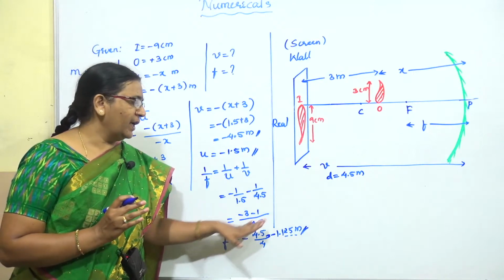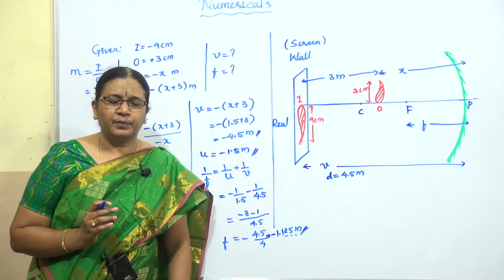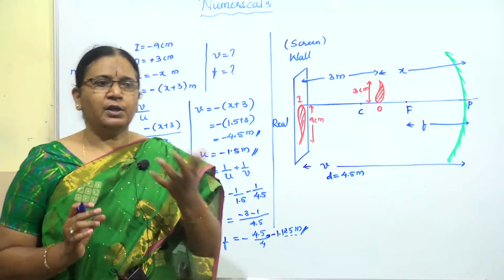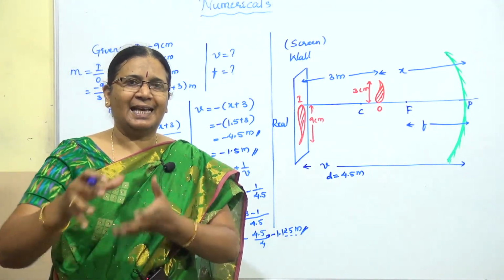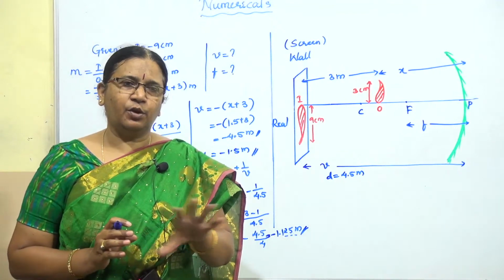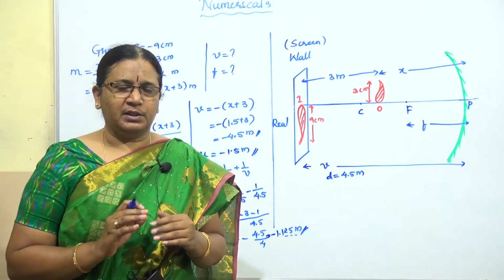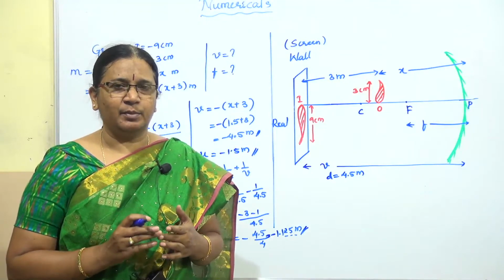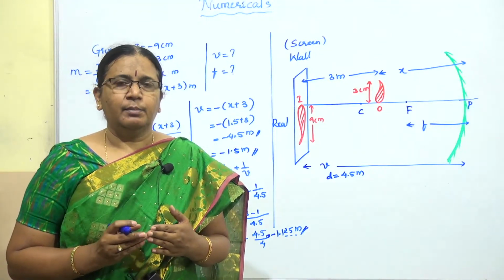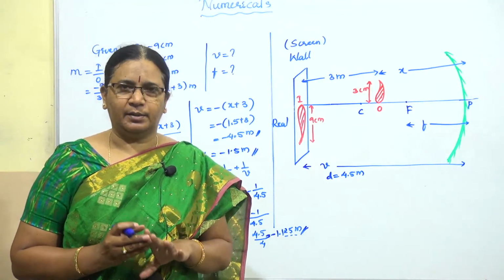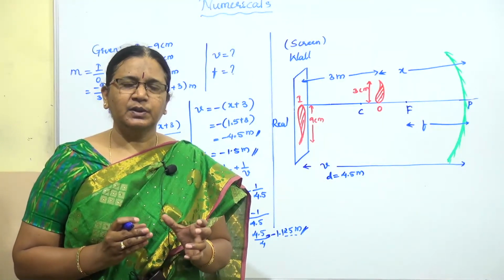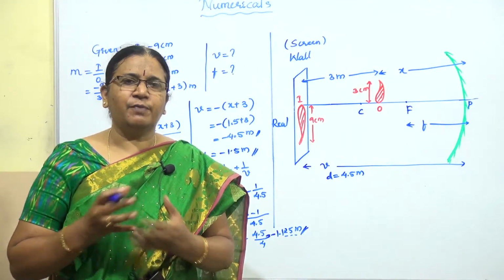See, when you find according to your sign conventions, but if you are solving object questions, you should have the habit of having a glance at the options. Suppose I have to get minus 20 centimeter, but if I am having only 20 centimeter as one of the answers, then go with that, because they have not considered the sign convention in the final answer.